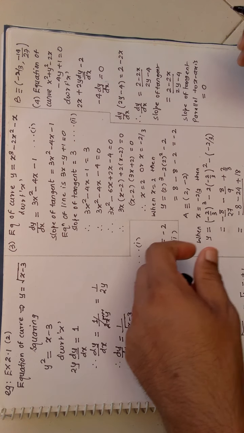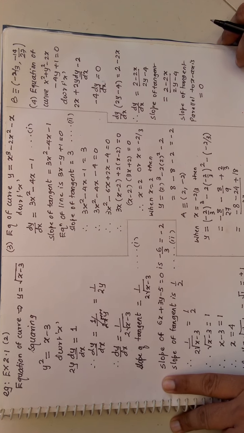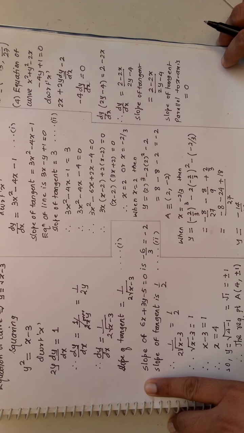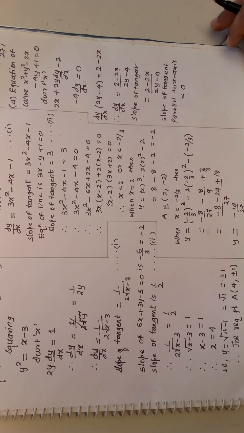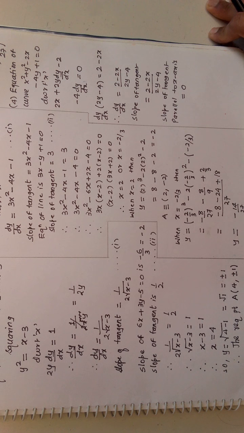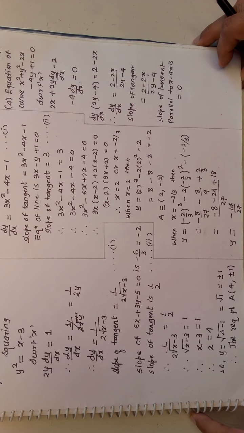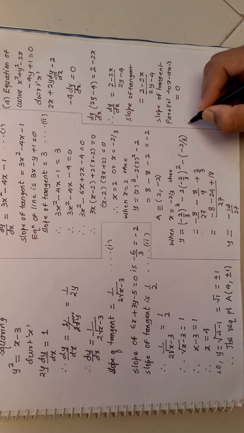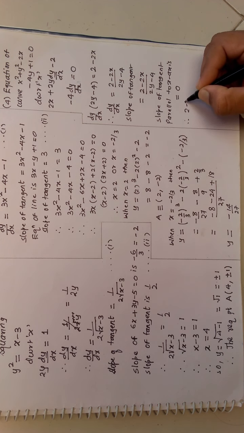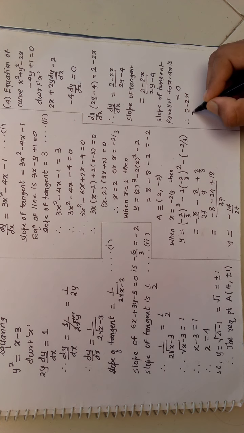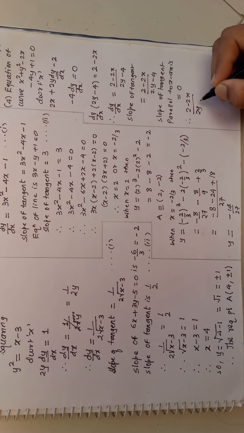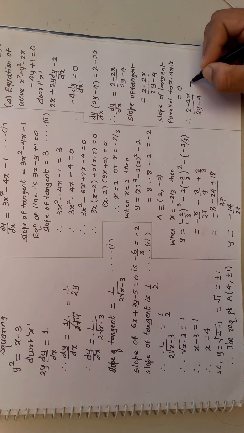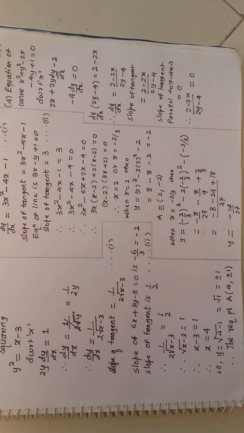So you will have 2 minus 2x upon 2y minus 4 becoming 0.